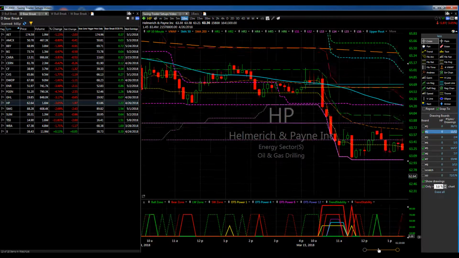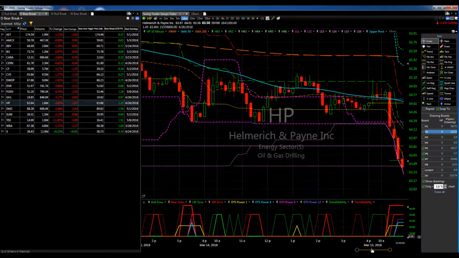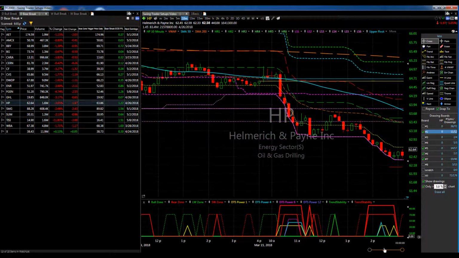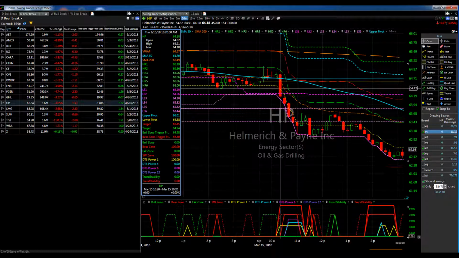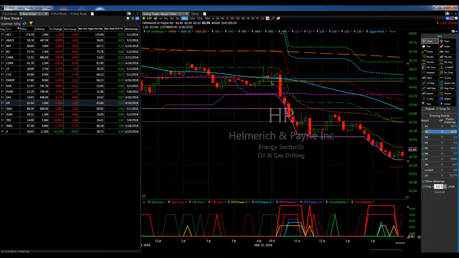This morning our little retracement alert actually hit and rejected, and the trigger for the down was 64.44 right in this area right here, right after they opened. This is a 10-minute. So it hit our retracement levels right here, kind of like what our red zone, green zone is.